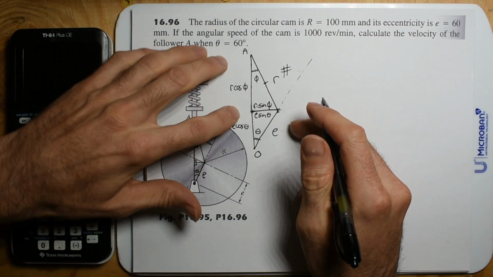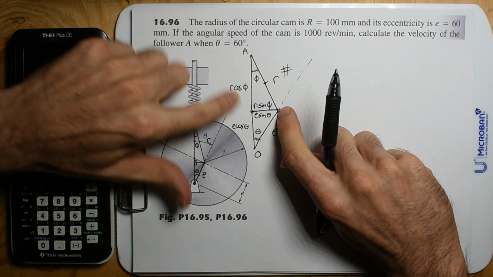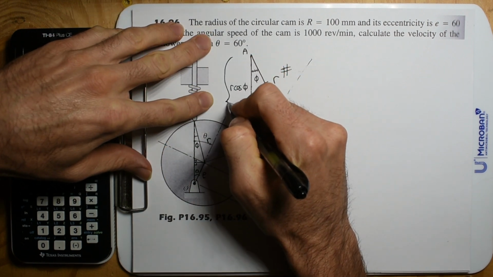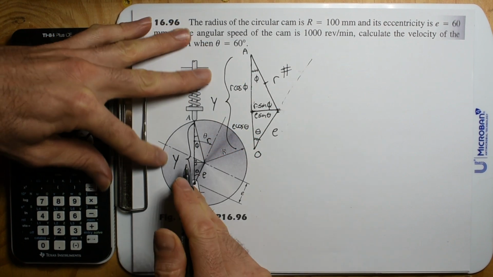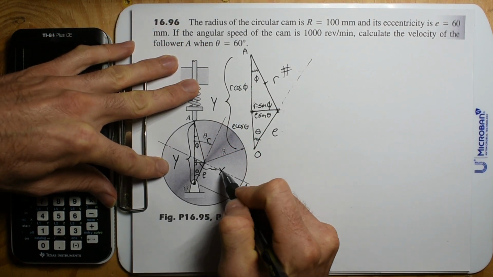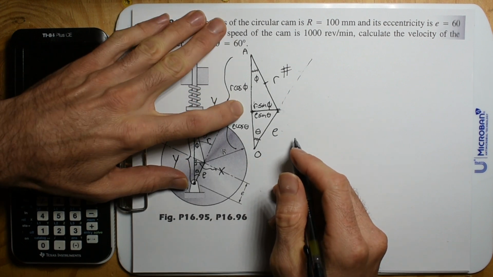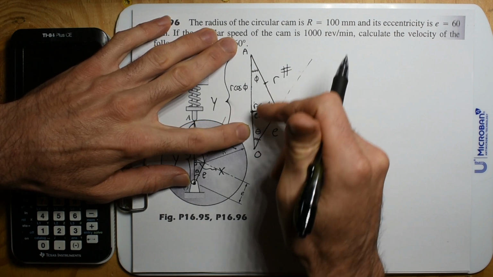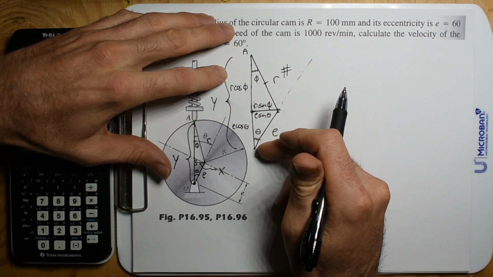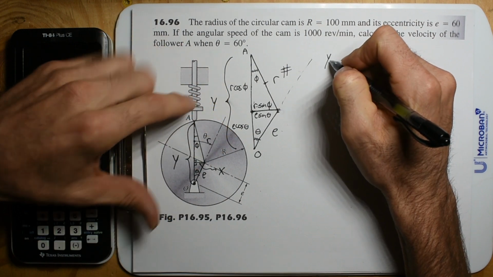Okay, so we have that distance right there, and we're going to say that this whole distance is going to be y. We're going to call that y, and we could even call this x. Right here we already know y.